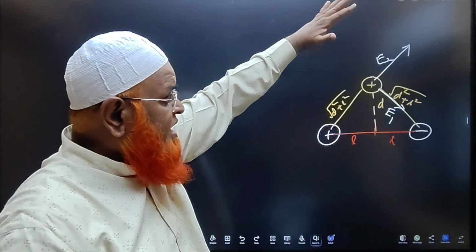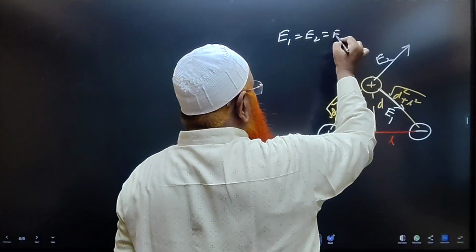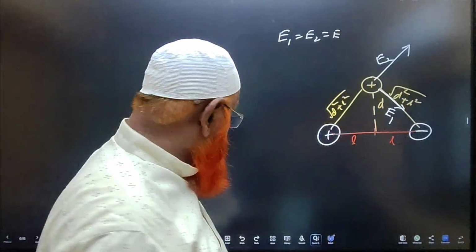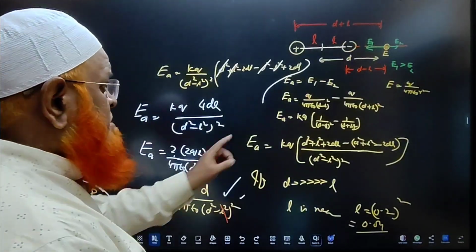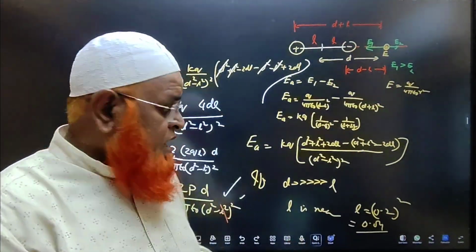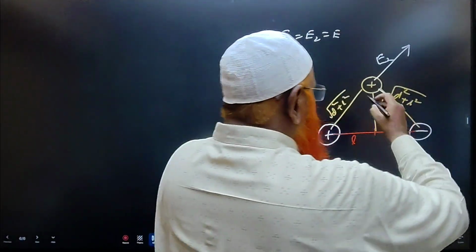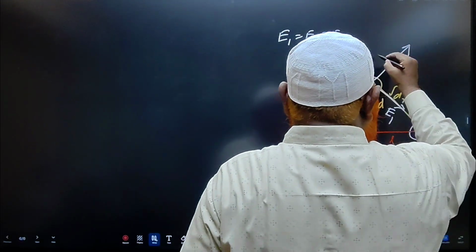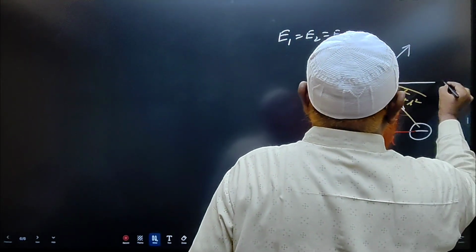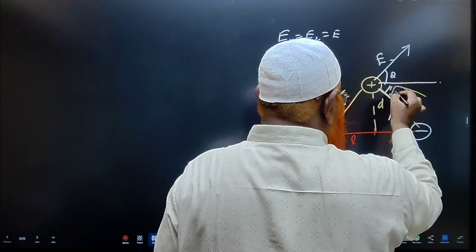But one thing you should remember: E1 will be equal to E2, which is E. Both will be the same now because these distances are the same. In the previous case, both were not the same because this point was very close to the negative charge and far from the positive, so I took the difference. Now, as they are at the same distance, this is taken as E and this is also E. In this direction, if you draw a resultant, this is angle theta and this is also angle theta.